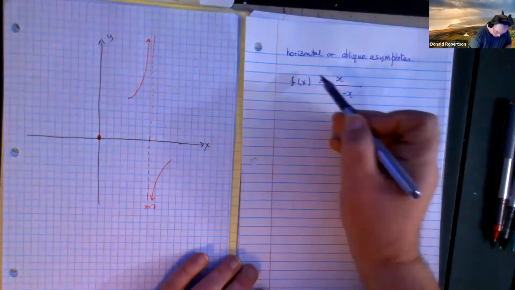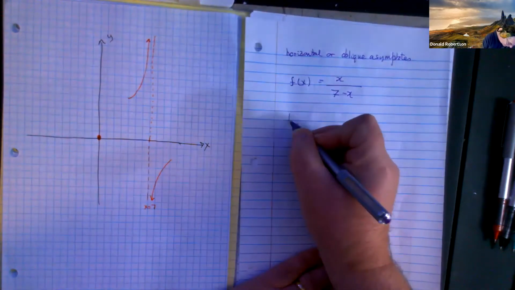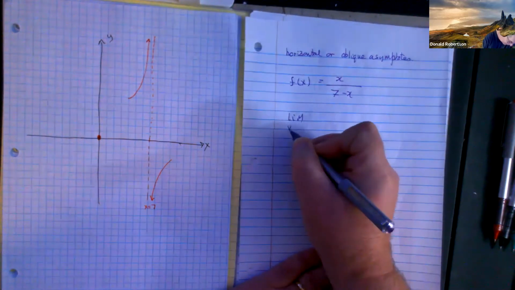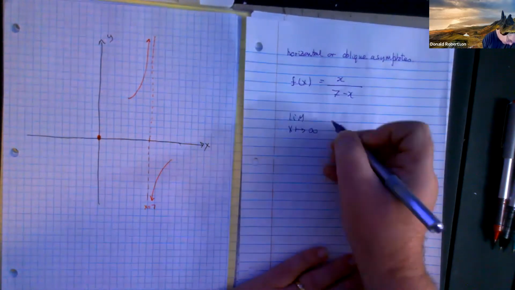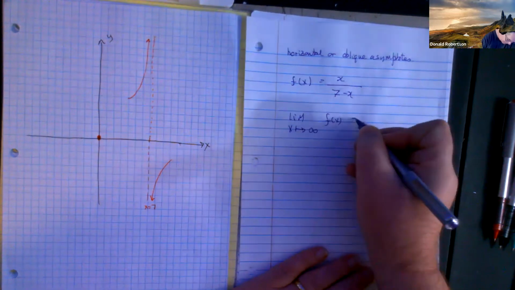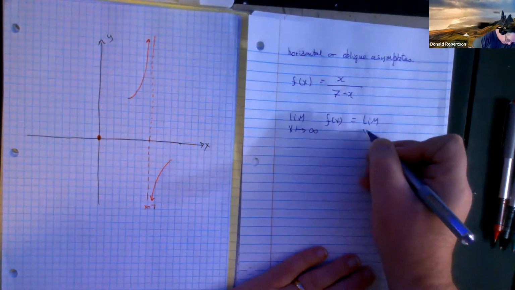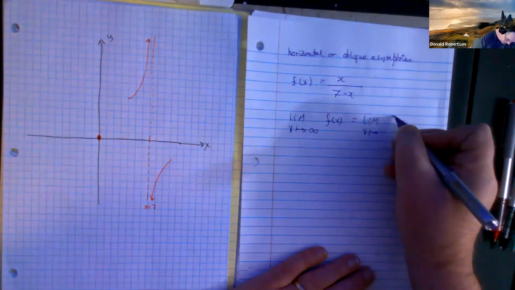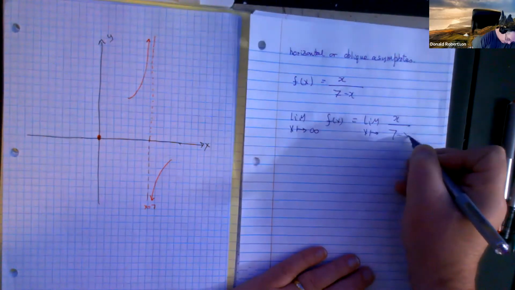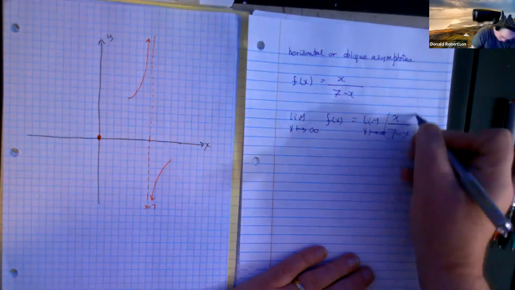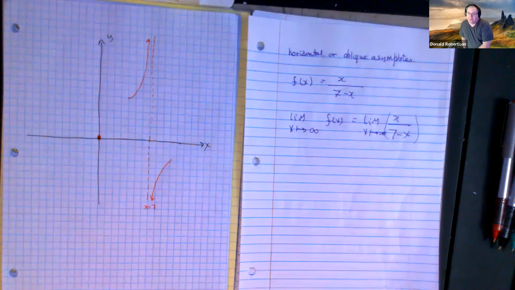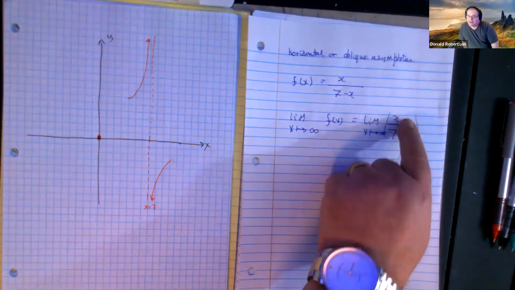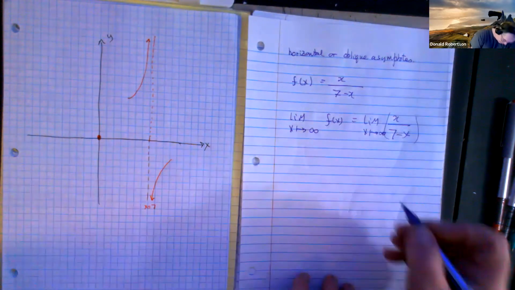So horizontal or oblique, how do you find them? We find them by finding the limit as x tends to infinity of f of x. So in this case, we are going to find our new friend. Remember L'Hopital? And wouldn't that be infinity over some kind of infinity? So I know I can do it.